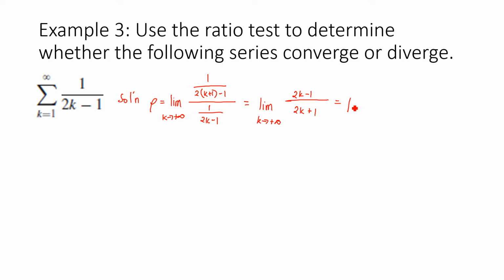Now let's have the integral test. So in this case, using the integral test, you have the integral of dx over 2 times x minus 1 from 1 to positive infinity.